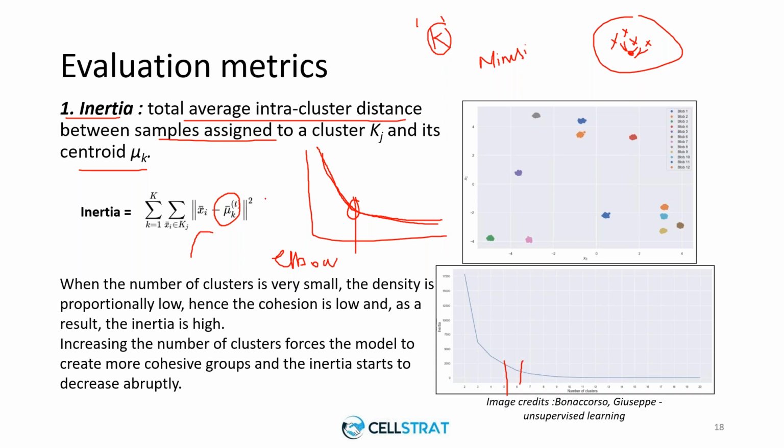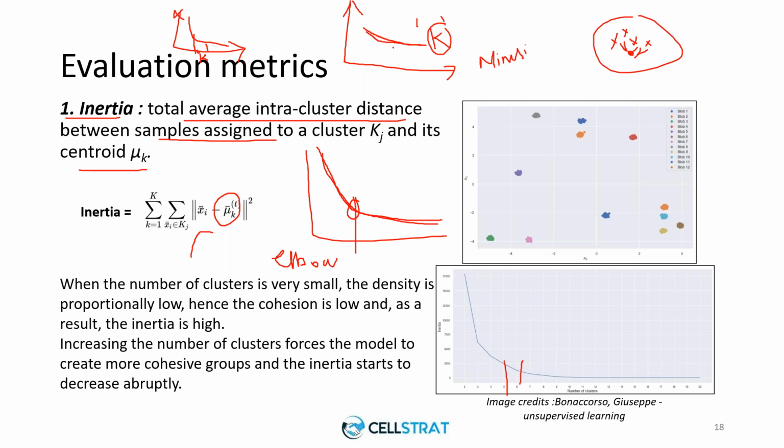Now, will this work at all times? Let me give you a scenario. In the earlier case, you got a clear point to select as your k value. But if you have a slope that looks something like this, then how do you decide which k value to go with?